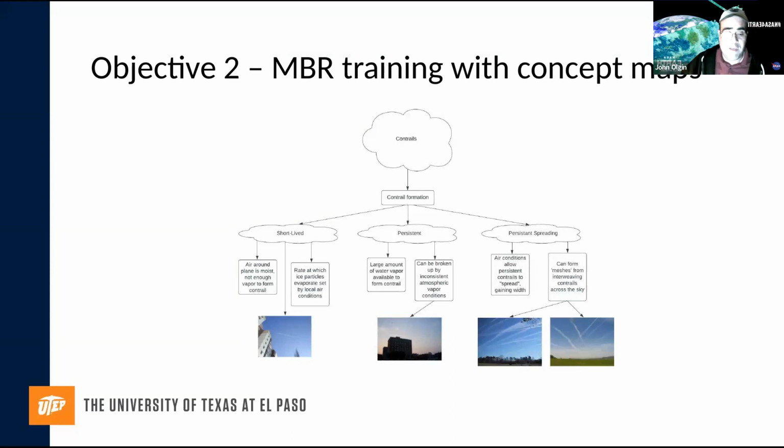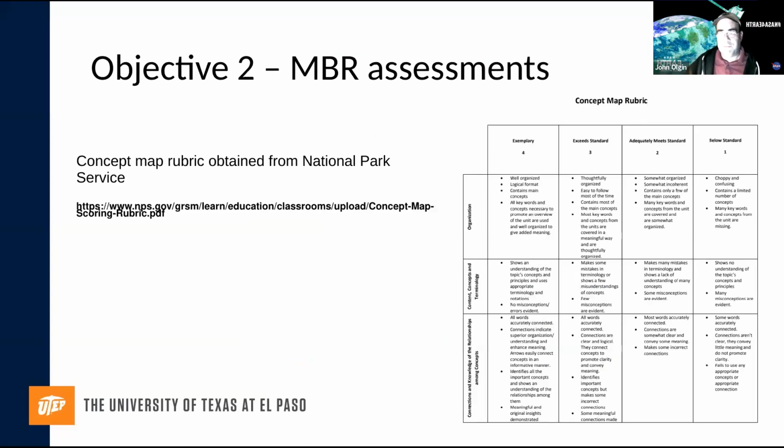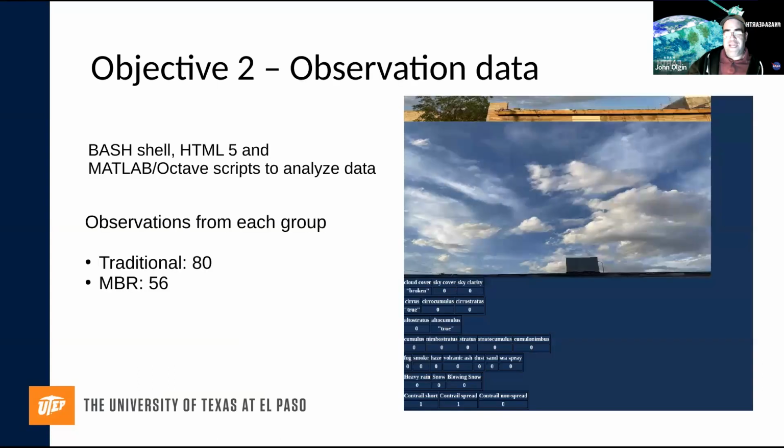I think mental models using the concept map approach are a super great way of visualizing certain topics and seeing how everything is connected. And using a rubric to judge how well they did on their concept maps, I use that to look at their observations when compared to just your good old traditional training group, right?